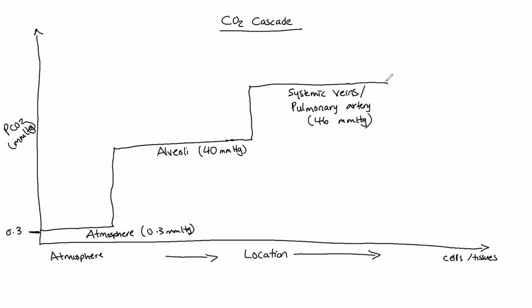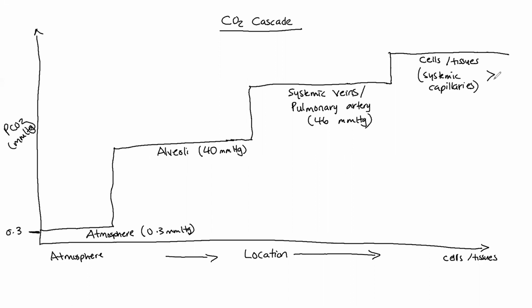All right. And then the final drop off that we see, which is not much of a drop off, is at the level of our systemic capillaries, which is basically the cells and tissues. Okay, and here we see that the partial pressure of CO2 can be greater than 46, but it usually is at around 46.